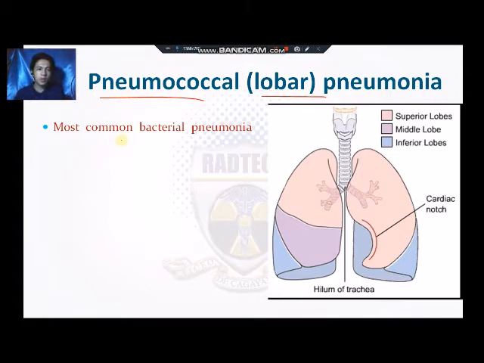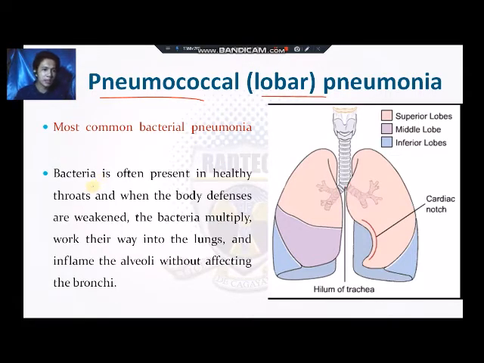It is the most common bacterial pneumonia, because the bacteria that cause it are often present in healthy throats, and when the body defenses are weakened, the bacteria can multiply across our bronchial system. Then they work their way into the lungs and inflame the alveoli without affecting the bronchi. So the bronchi are not affected here. They go directly towards the lung tissues, towards the alveoli of our respiratory tract.